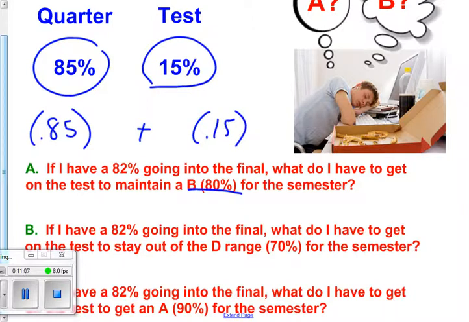So our grade in the class is made up of 85% of what you do throughout the quarter and 15% of your final. If you have an 82% going into the final, then can't we say 82 times 0.85?